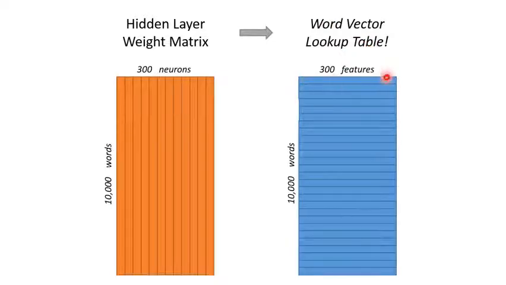Each row vector represents the embedded vector for the corresponding word. So now we have 10,000 embedded vectors, because we have a 10,000 vocabulary.